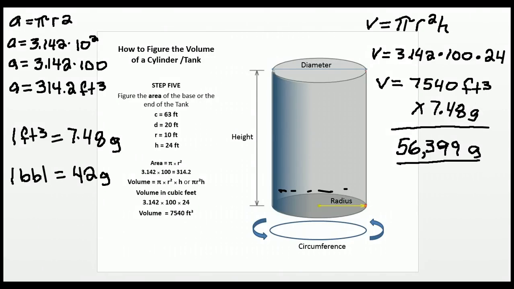So 56,399 divided by 42 is going to be equal to 1,342 barrels. Everybody got that? Hopefully it was pretty simple for you.